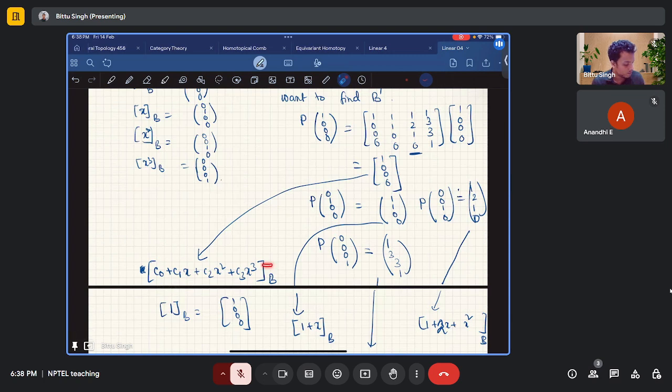We'll find a polynomial, degree 3 polynomial, whose matrix representation, that is coordinate with respect to the old basis, give this. If we can write, then those will be the required solution. Okay.